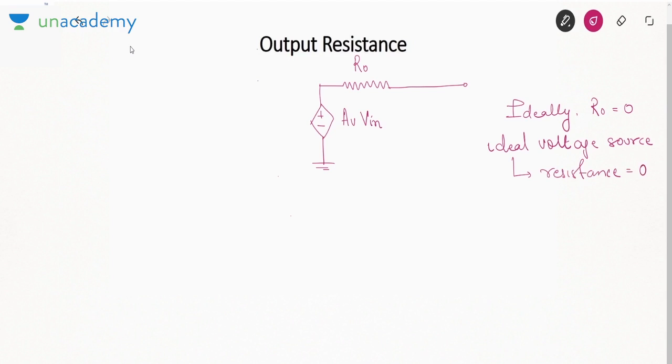So ideally R0 must be 0. But practically this resistance is non-zero. Practically it lies in the range of 100 ohm to 20 kilo ohm. So this resistance may be small, but it is non-zero.